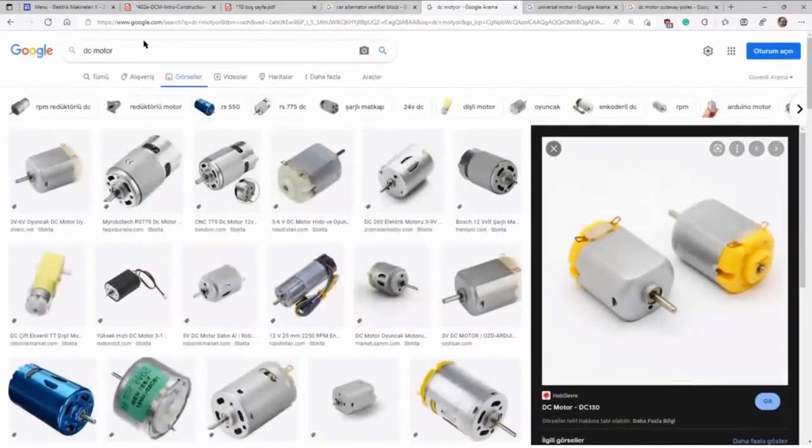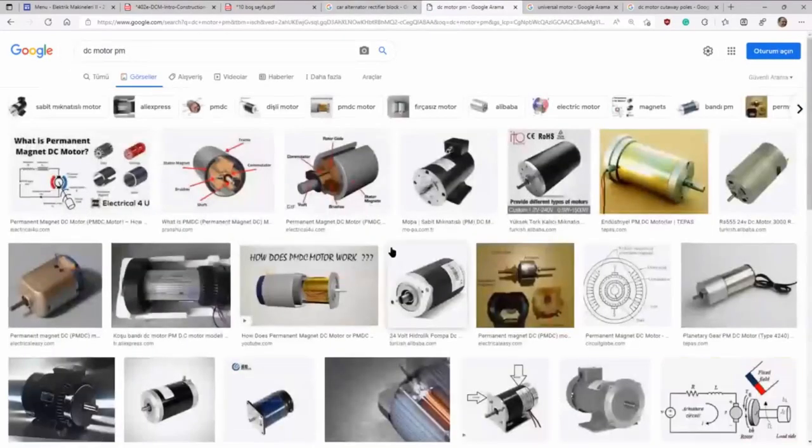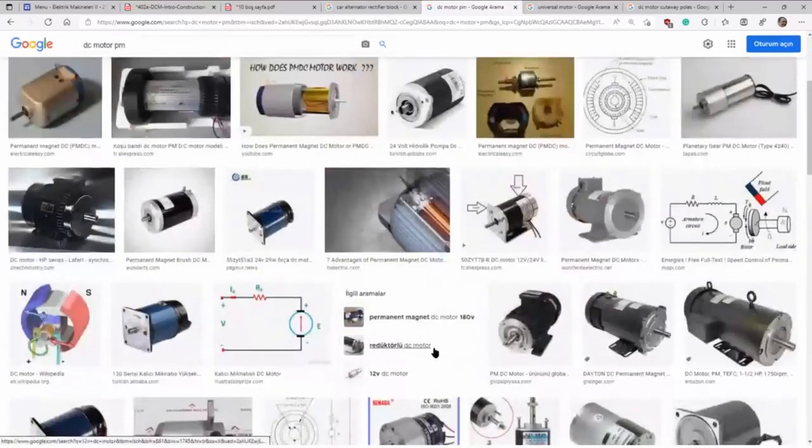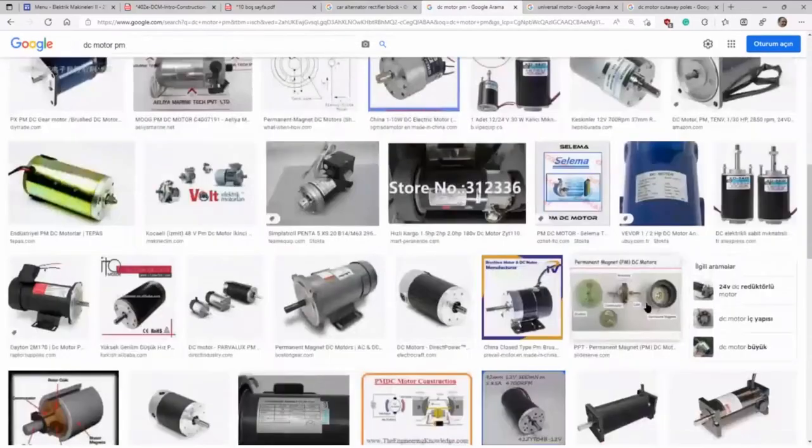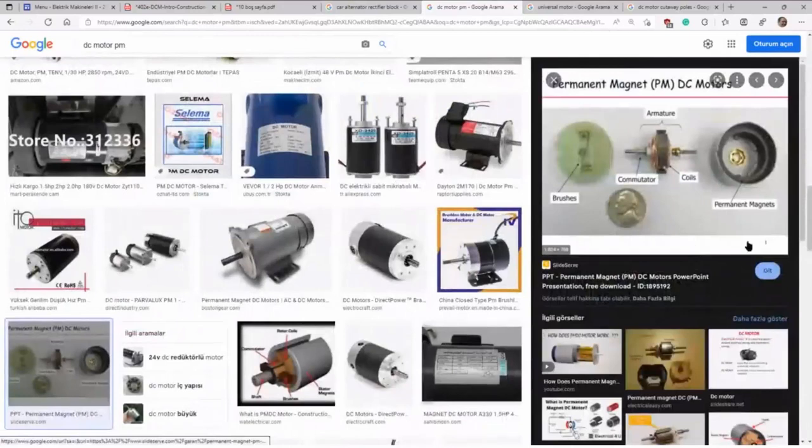In fact, permanent magnet, okay. Here you see, let me find permanent magnets. Here it is. Permanent magnets on the stator, you see. That is the armature or rotor. You know, armature is the place where energy conversion occurs or where the electromotive force is induced.